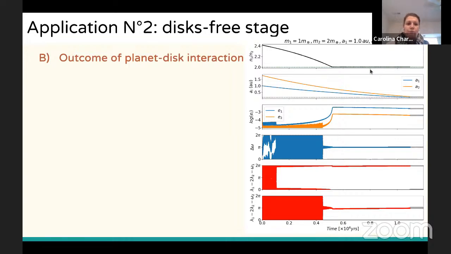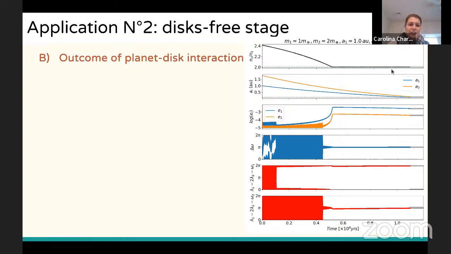And so coming back to this, once we make the planets migrate, and once they get captured in the resonance, we see that they don't go away.